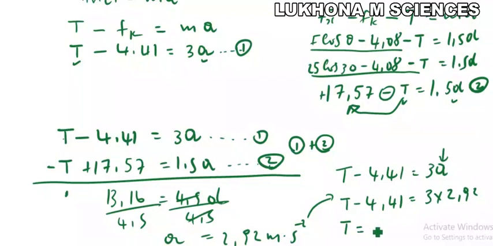I'm going to transpose this one, then I press the calculator and I get the tension. Then the tension is 13,17 newtons. The question is answered. This is the last question.